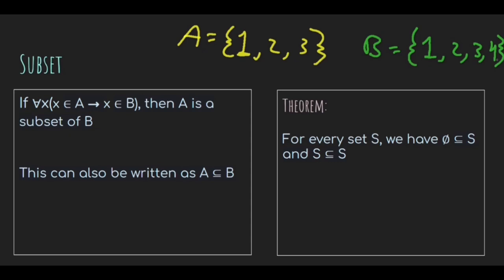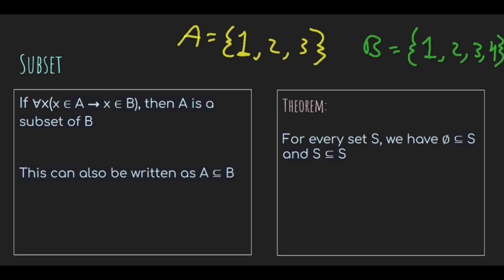So B contains all elements that are in A, but A does not contain all elements that are in B. That means that A is a subset of B. Think of it like a Venn diagram, right? A contains only elements that B has, but B does not contain all elements that A has.